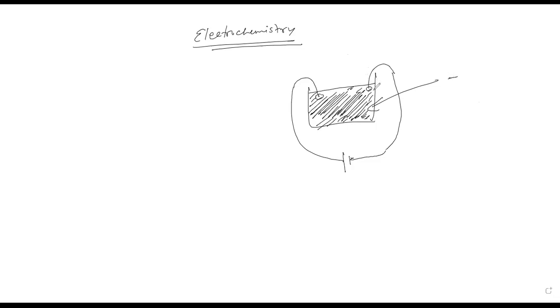Now, this portion, which is the liquid or solution, is known as the electrolyte. Electrolytes help to produce ions in the molten state or in solution, and conduct electricity. So if these are electrolytes, what are those which do not conduct electricity? Those are non-electrolytes, since they cannot form ions in solution or in the molten state.